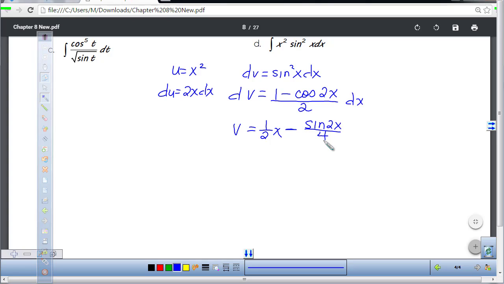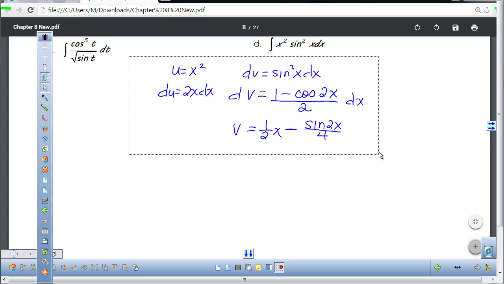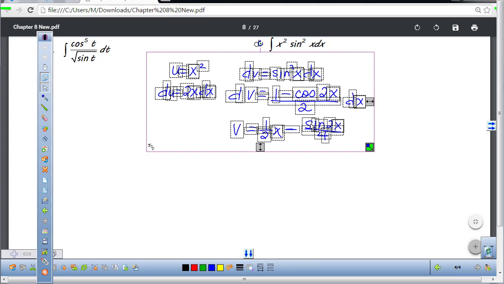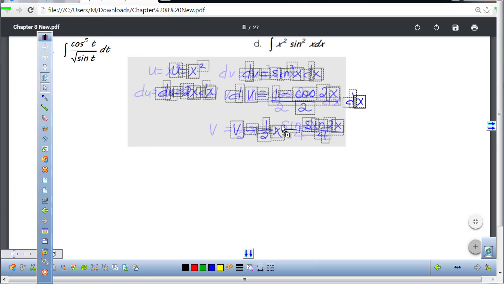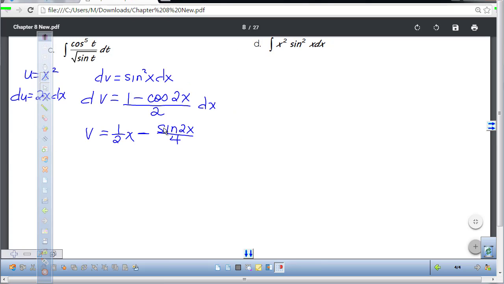Okay, so all of that goes over here to the side. So we get, this is u dv, so it's equal to uv.